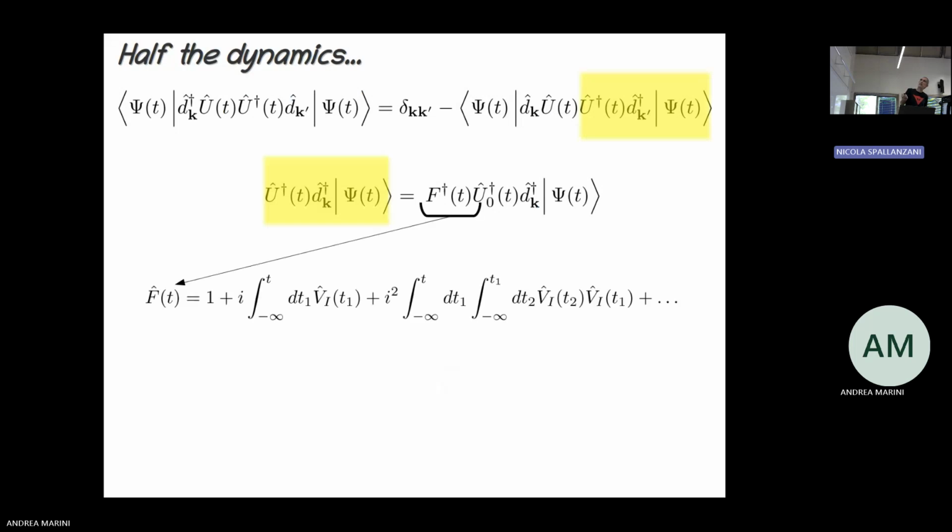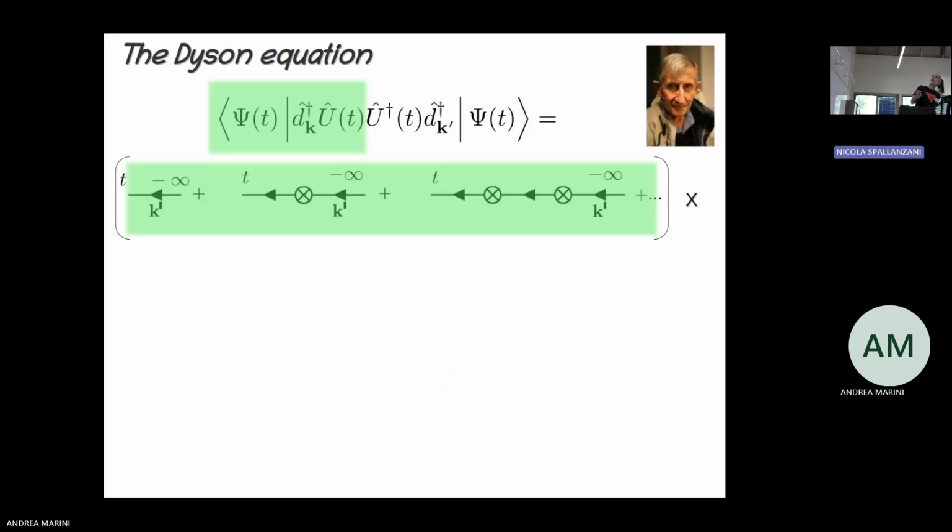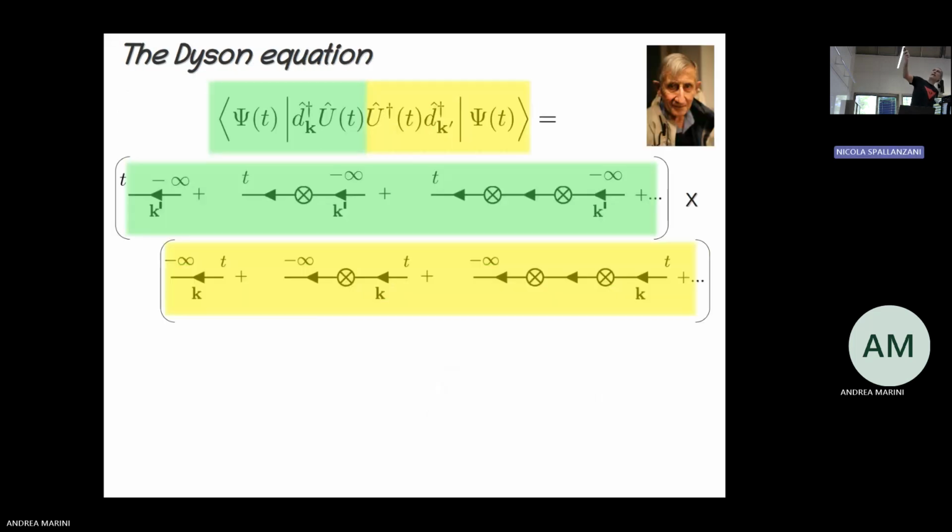Again, you use the same trick. And then you have that, in terms of Green's function, this object will produce exactly what is in Lippmann-Schwinger. So free evolution, with one scattering, with two scattering, and so on and so forth. Then you put everything together, the left and the right.